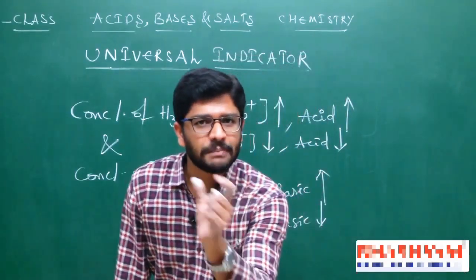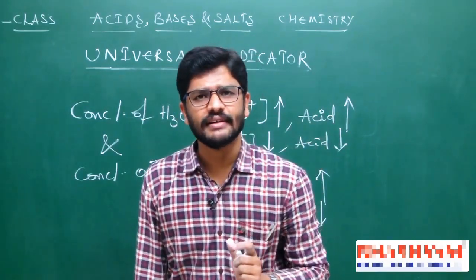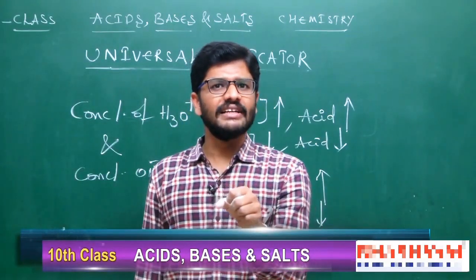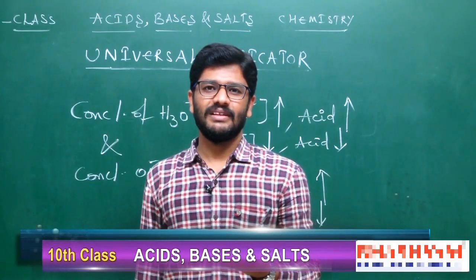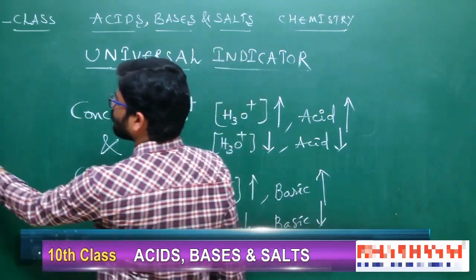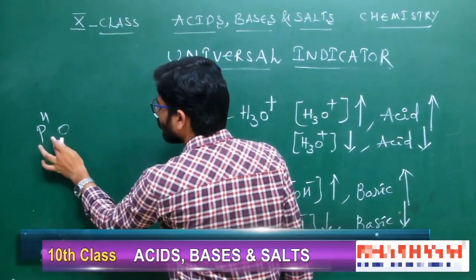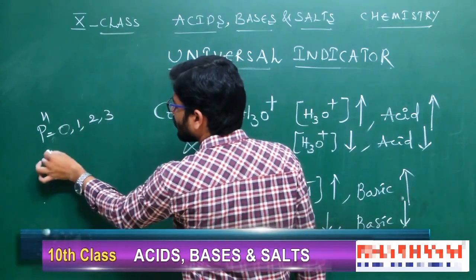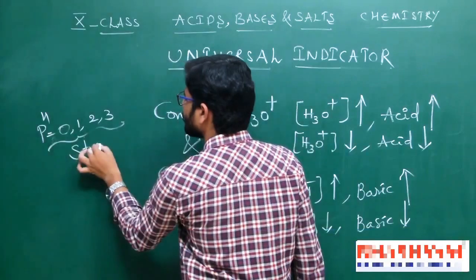By seeing the pH paper, which is nothing but a pH indicator, we can say it is a strong acid or a strong base by the different colors. Generally, if the pH value is 0, 1, 2, 3, we consider that substance a strong acid.